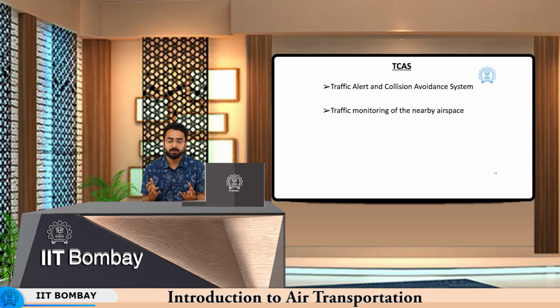It provides an additional hand to the pilot to take decisions required for safe flight operations. One of the most important applications of this system is that it is very helpful in avoiding collision between two aircraft.